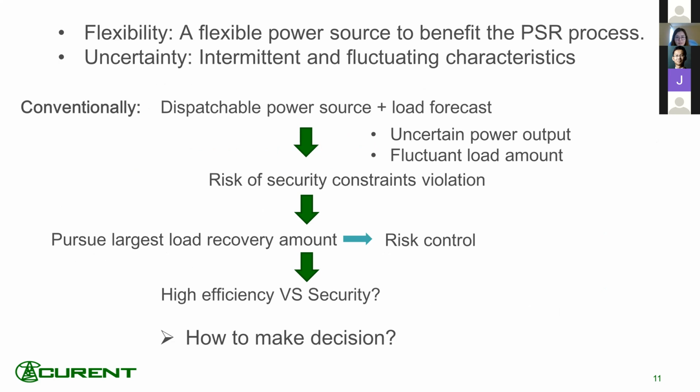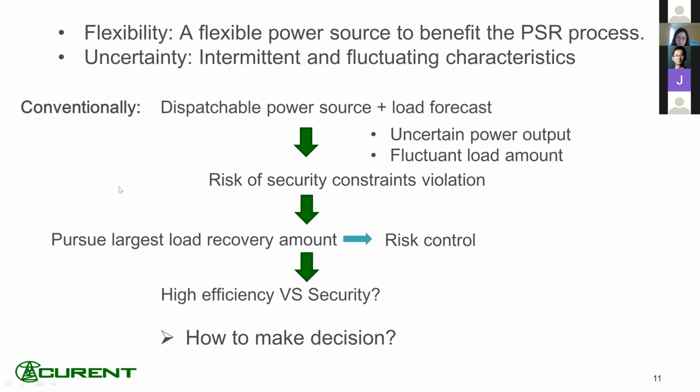That means they are a kind of power source with very few startup time limitations. And this point will give great help to the PSR process. However, their output is uncertain. So that means they are a kind of undispatchable source in the restoration process.